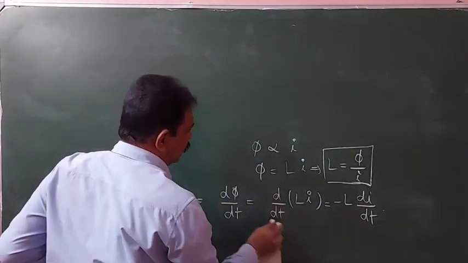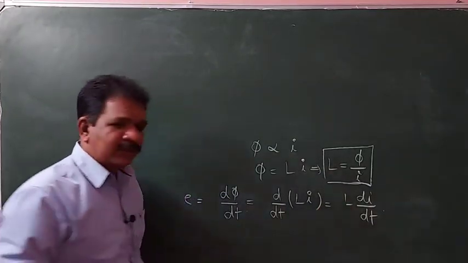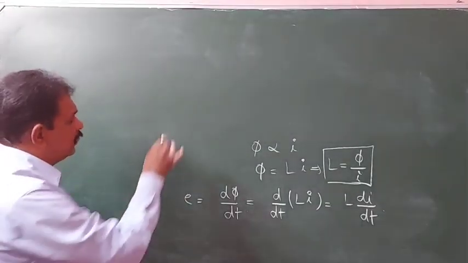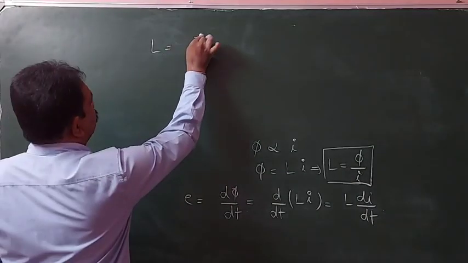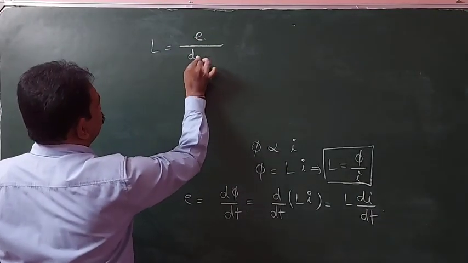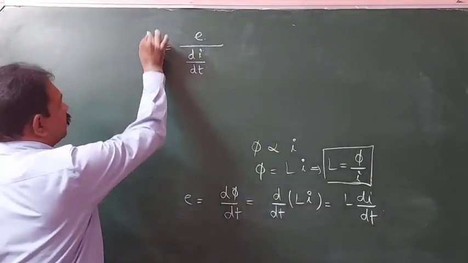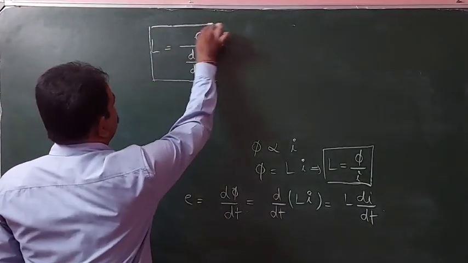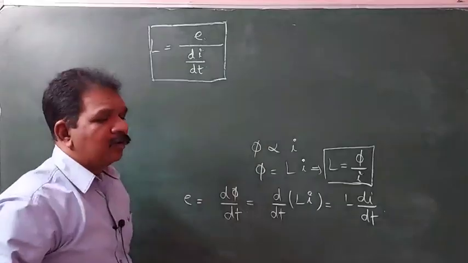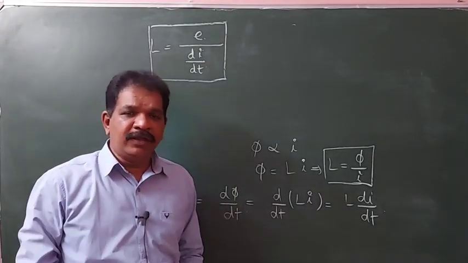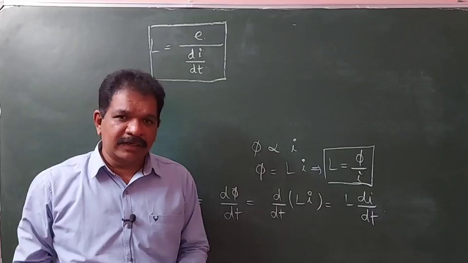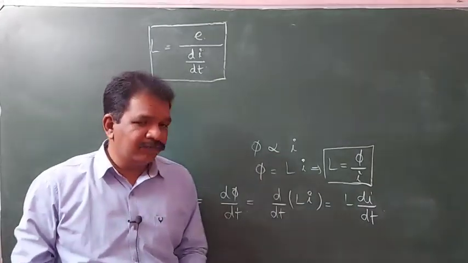No need to consider this negative sign. Then L is equal to E by di by dt. Using these two formulae, we can define self-inductance. How will we define it? See.